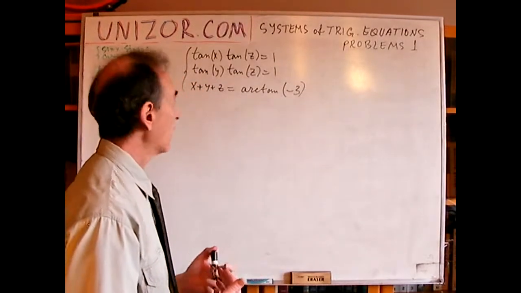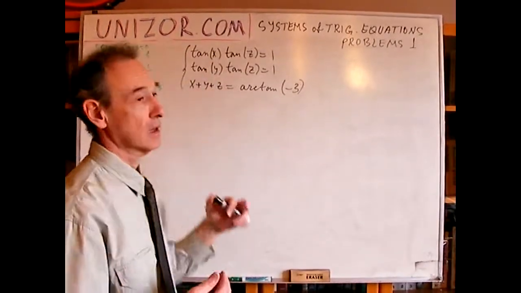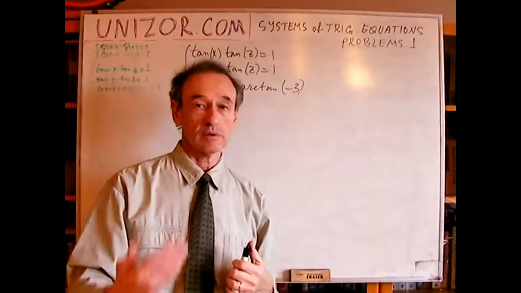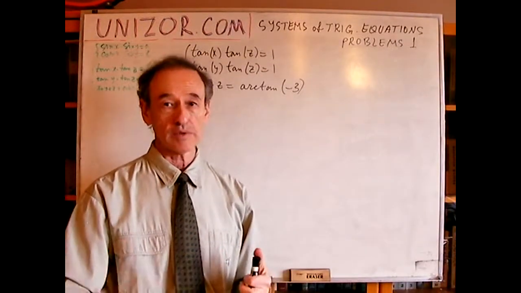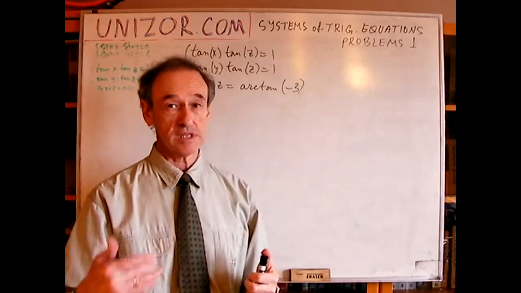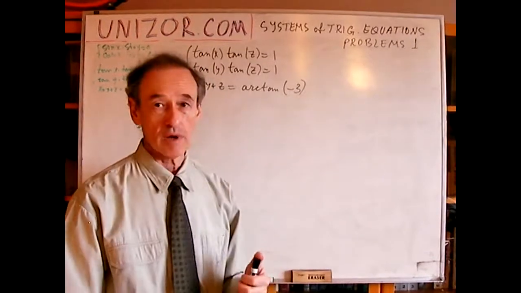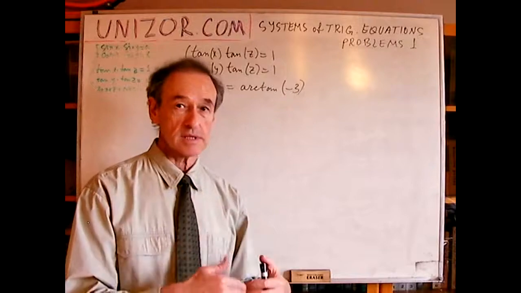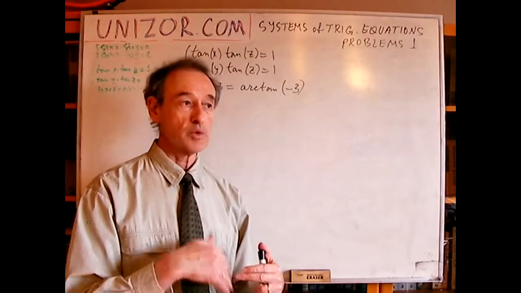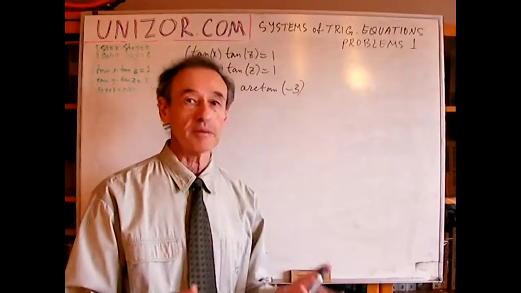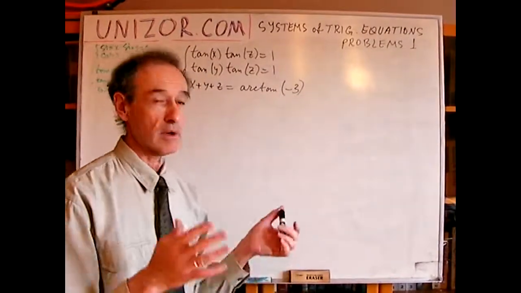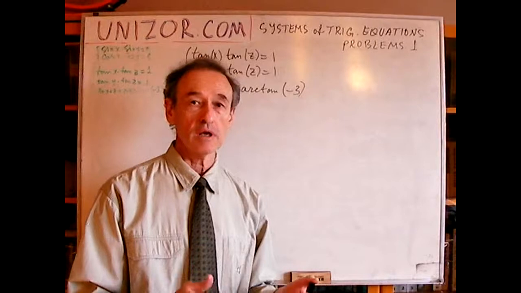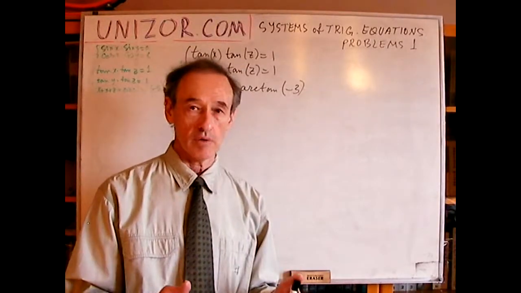Then I will have only tangents, which means I can replace tangent of x with some variable, tangent of y with some variable, and tangent of z with some variable, and have another system of three equations with three variables, but it's not trigonometric equations anymore. So these will be just a regular algebraic system of three equations with three variables.